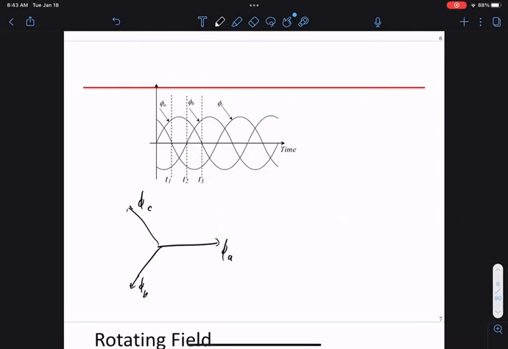Okay, so 120 degrees apart, and you put them inside the stator. Then you have this kind of magnetic field. Each phase induces a vector in space, and then we see the sum of the vectors. So this is the 3-phase design.